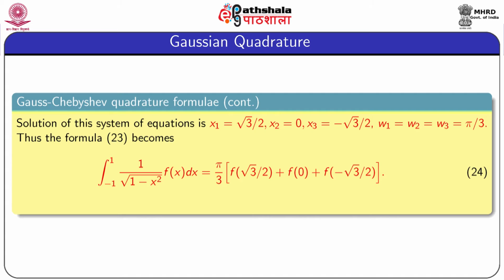Thus, equation 23 becomes integration from minus 1 to 1 of 1 by root over 1 minus x square into f of x dx equal to pi by 3 into f of root 3 by 2 plus f of 0 plus f of minus root 3 by 2. So, this is the 3-point Gauss-Chebyshev quadrature formula, and this formula gives the correct answer for polynomials whose degree is up to 2n minus 1, that means up to 5.